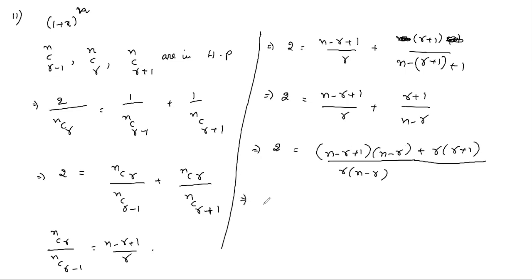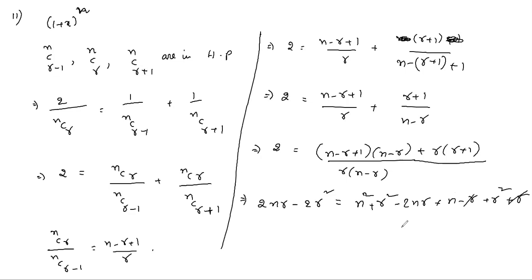So by cross multiplication, 2 into r into n minus r, 2nr minus 2r square, equals n minus r whole square, n square minus 2nr plus r square, plus n minus r plus r square plus r.